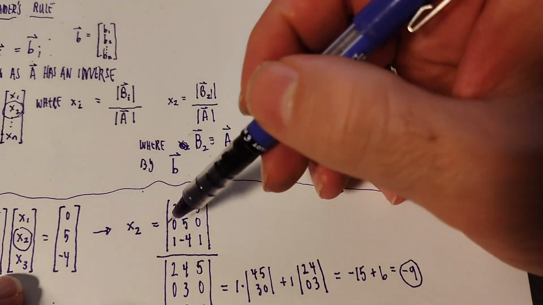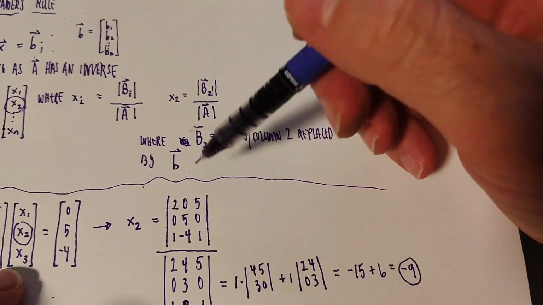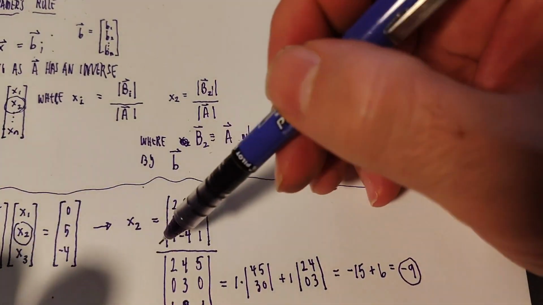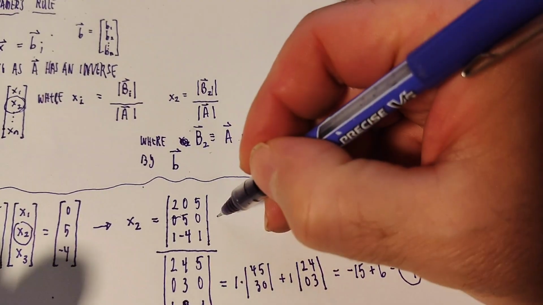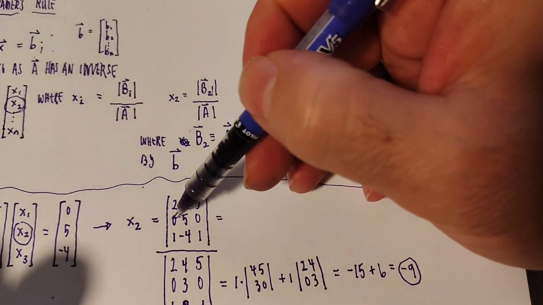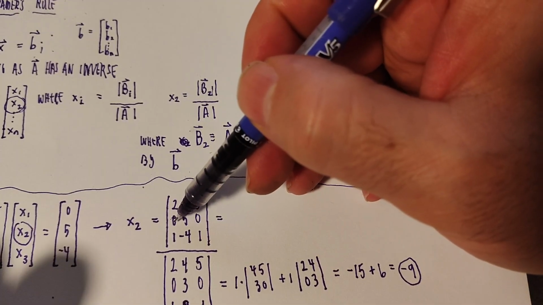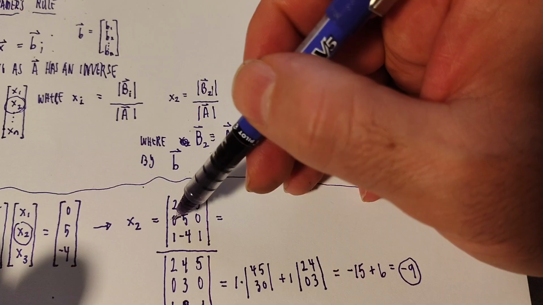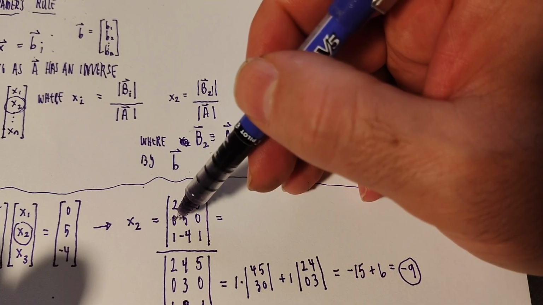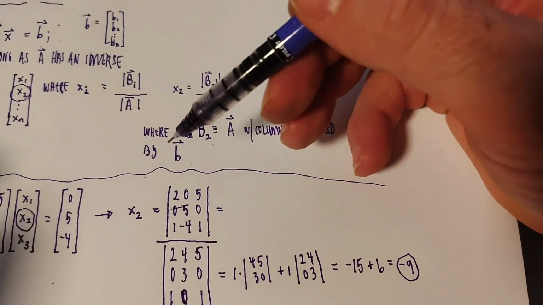Now let's do this determinant here, and just for ease, let's expand across this row because there are 2 zeros there. This entry here is row 2, column 1, so that's an odd entry, and that means it's going to be negative, but it's 0.